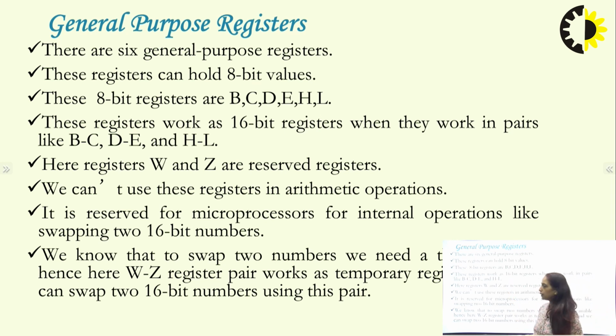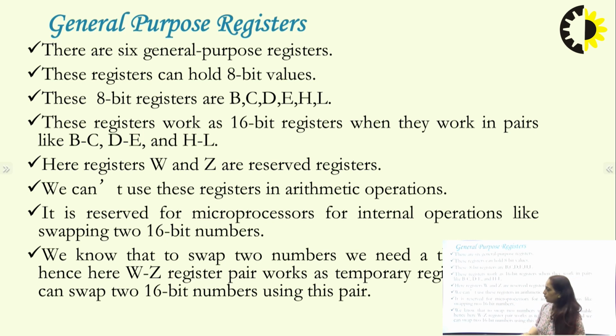And if you want to store some 16-bit data, we can use them as a pair: BC register pair, DE register pair, and HL register pair, right? Same way in the B register, higher byte will be stored, and in the C register, lower byte will be stored, and same process will go for the DE and HL register pair.